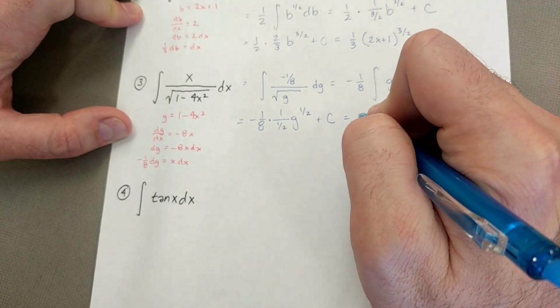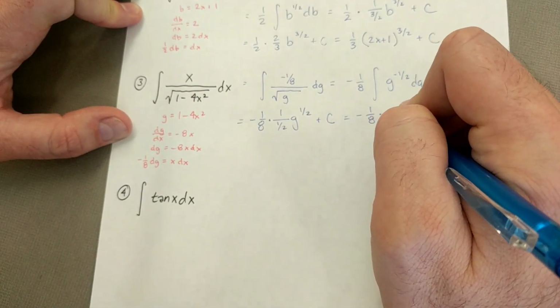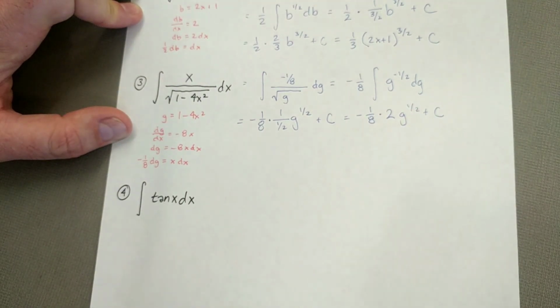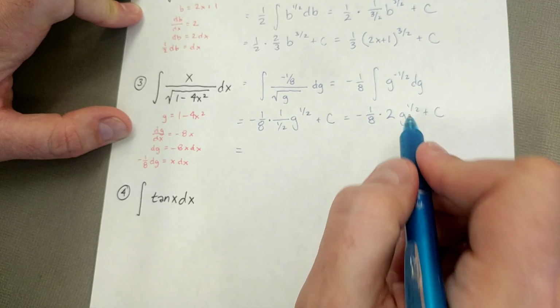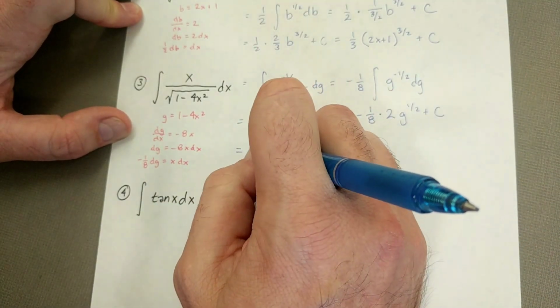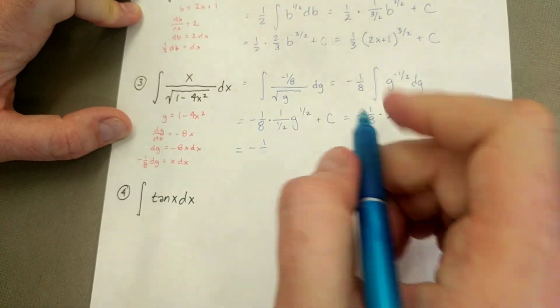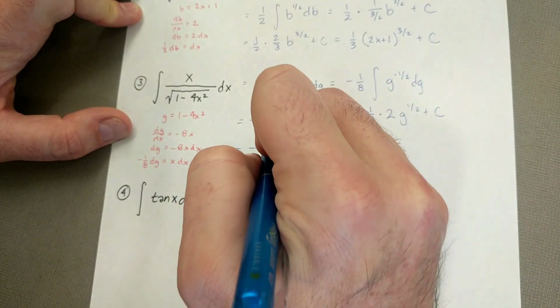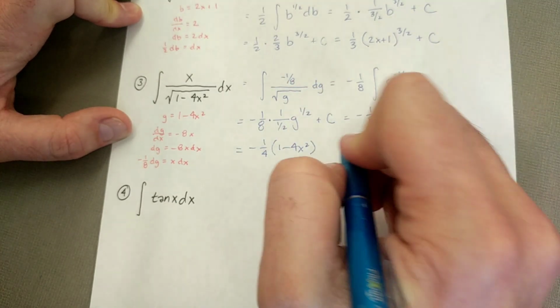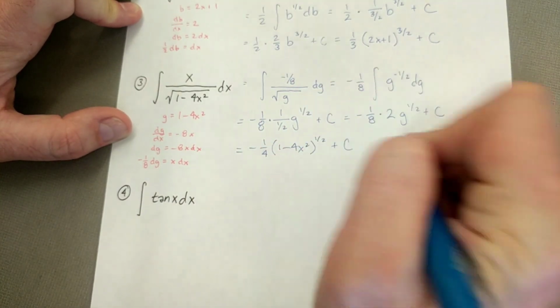That is the same thing as negative 1/8 times 2, g to the 1/2 plus a constant. And now we'll simplify and then replug in g, negative 1/4 when you multiply that together, times 1 minus 4x squared to the 1/2 plus a constant.